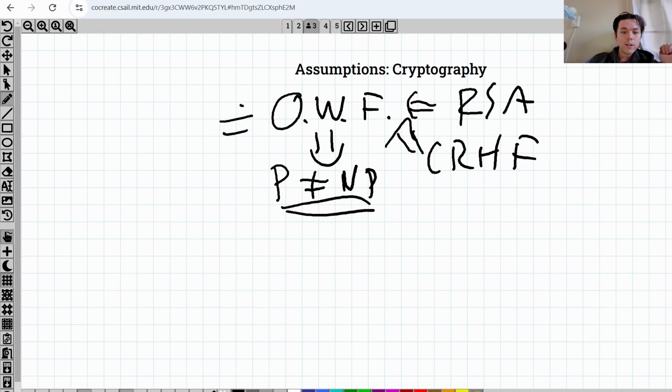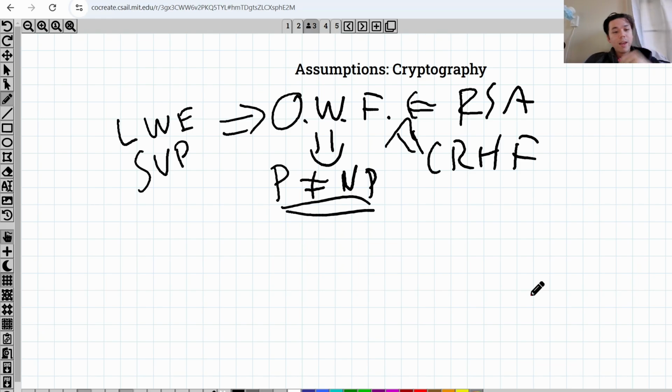There's a whole world of lattice-based assumptions, like learning with errors or shortest vector problems. We kind of joke that there are only two hard problems that we have an idea about, and that's factoring and lattice problems.